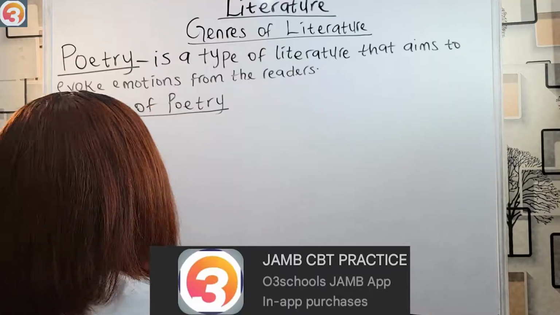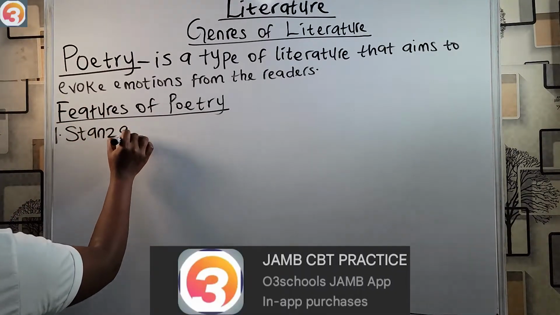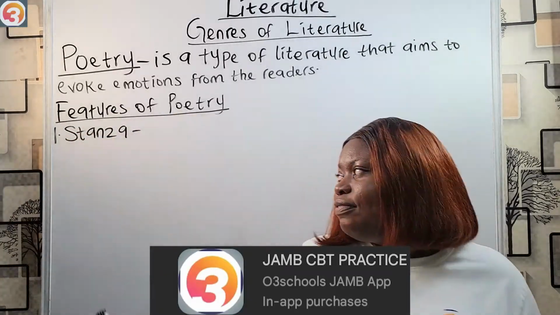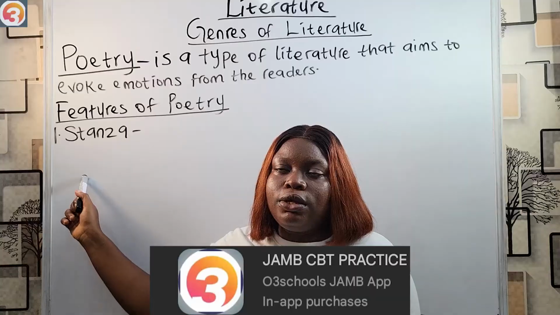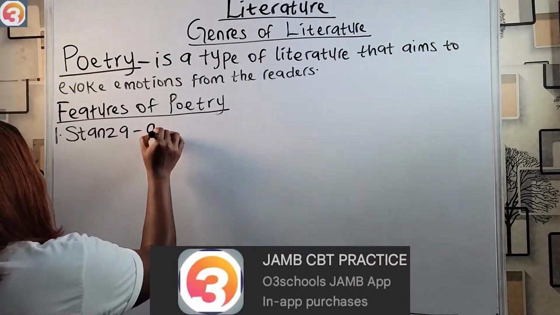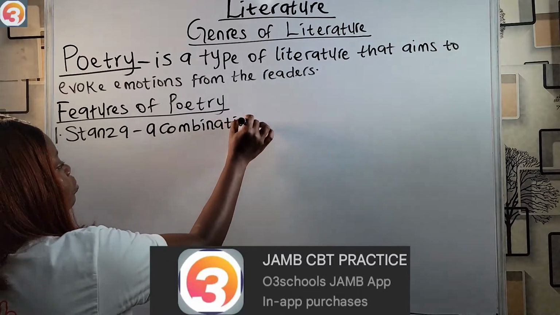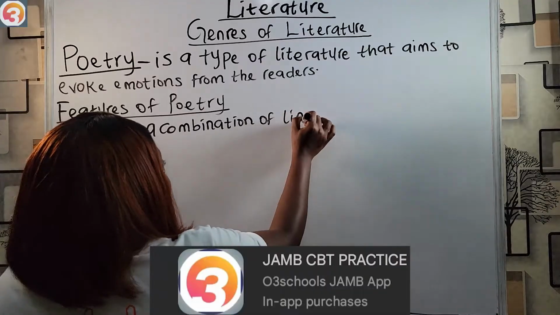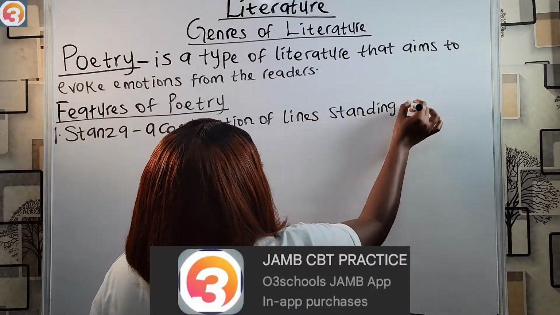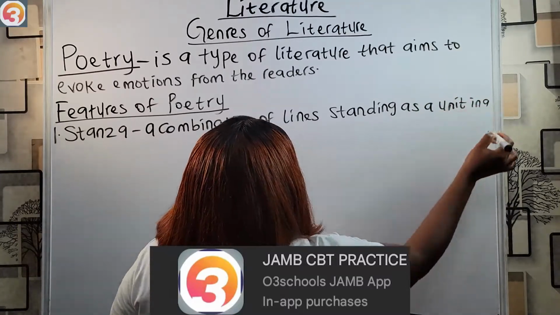First up, we have stanza. Poems are divided into stanzas. So a stanza is like a unit of a poem, a combination of lines standing as a unit in a poem.